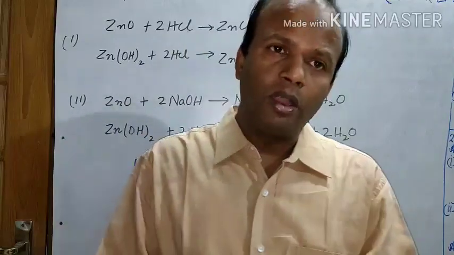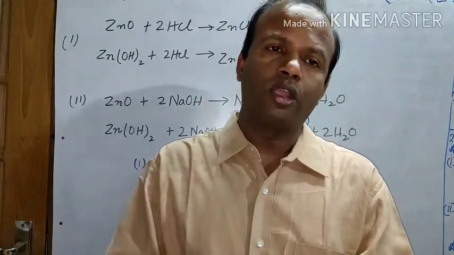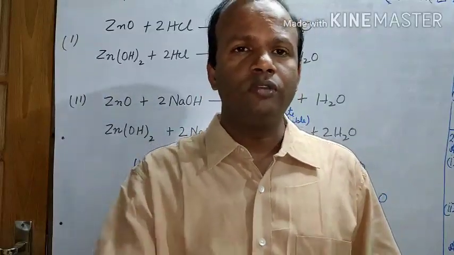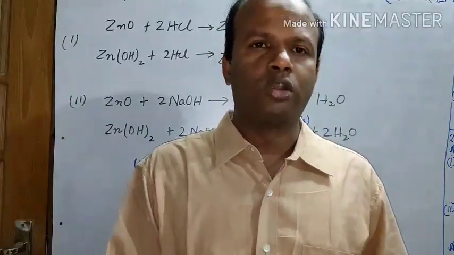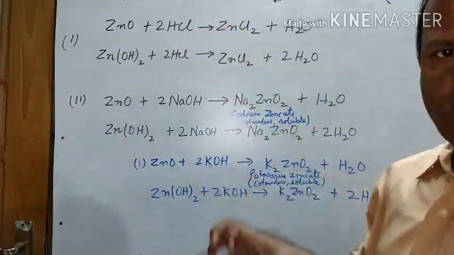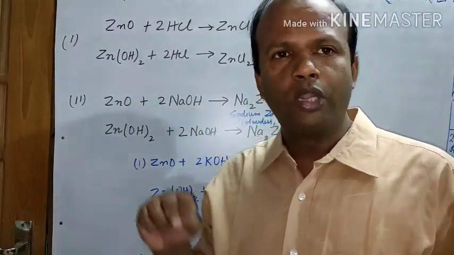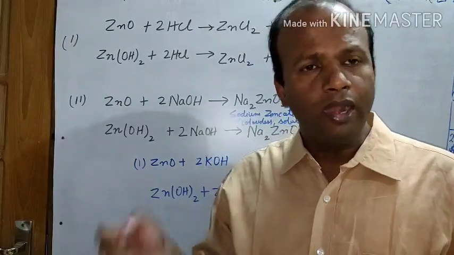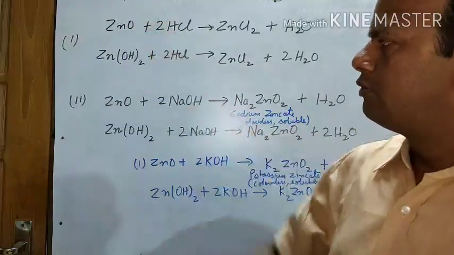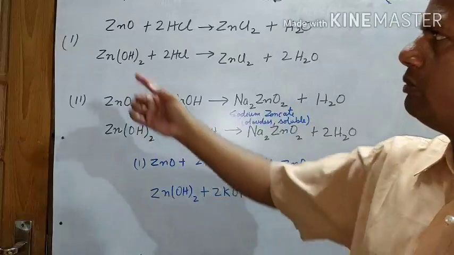But certain metals whose oxides are amphoteric in nature, they react with acid as well as base to give the respective salt and water. So that's what we are going to deal with. This can be called the characteristic reaction of those particular metals and their respective oxides and hydroxides. In that we have zinc, we have aluminium and so on.